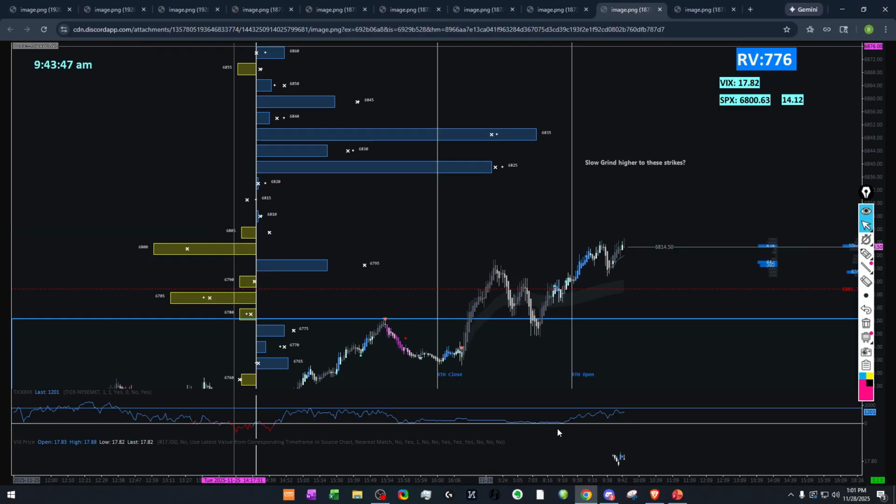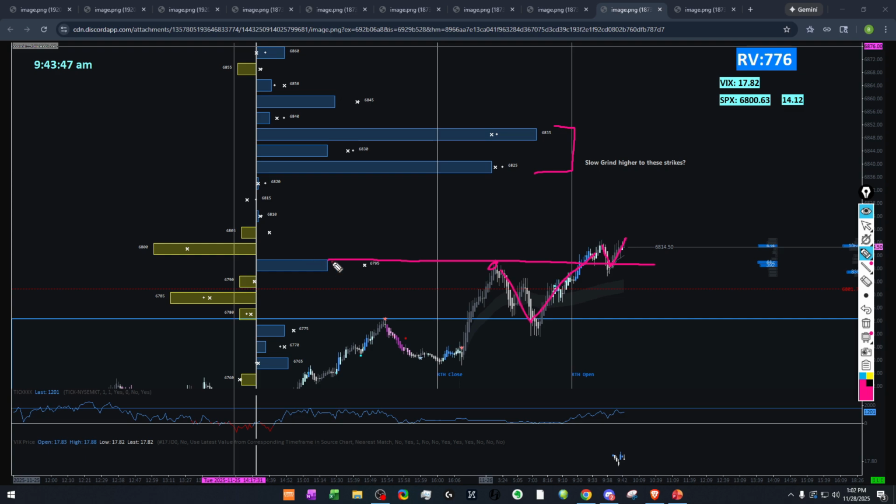This was an example from, I believe, Wednesday. So I knew in advance that these positive nodes were up here. If we got above this one here, it acted as resistance, and we finally got above it and held.